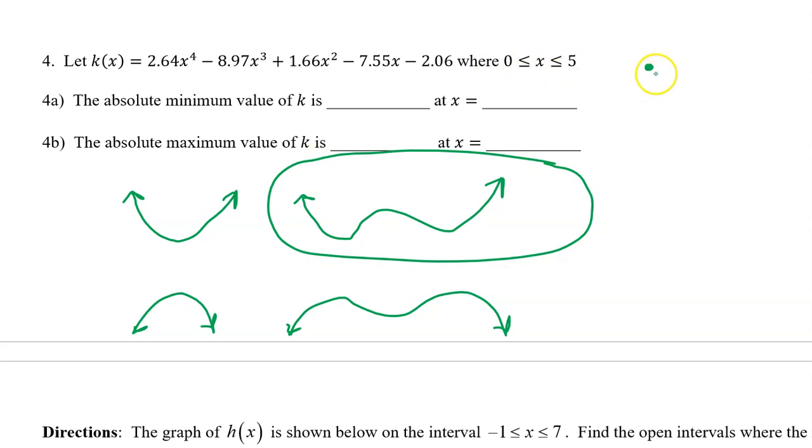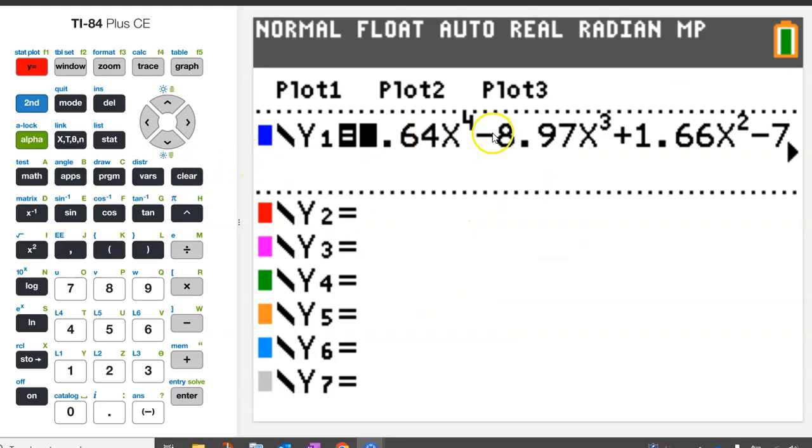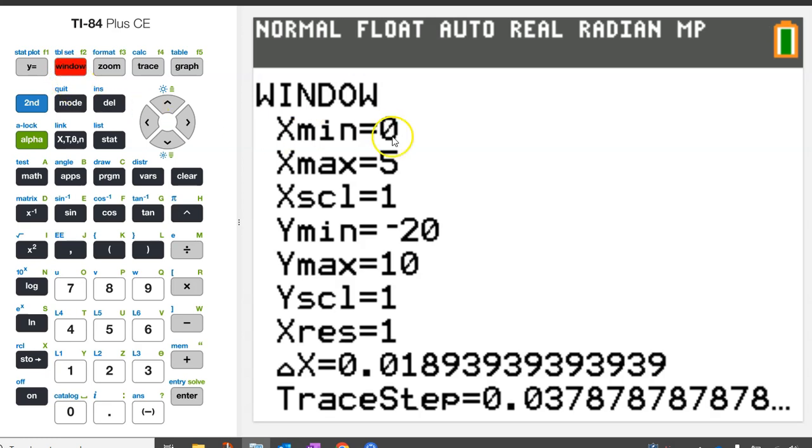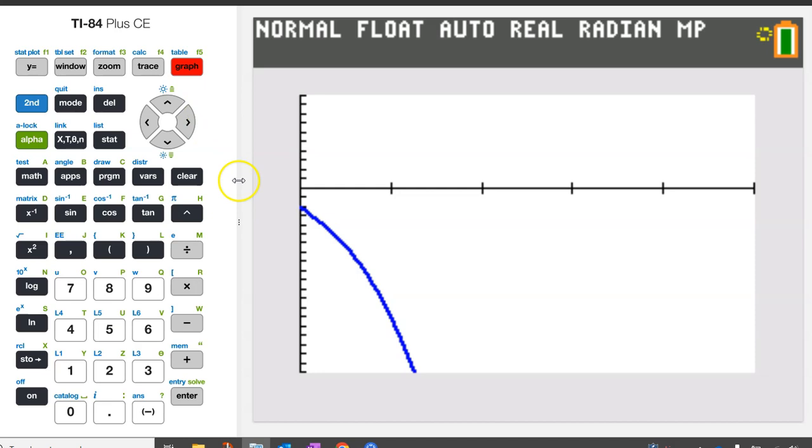Because of the closed interval, I'm going to go ahead and model it like this. I've got it all typed in, and my window is set from 0 to 5. So let's take a look. Okay, I feel like I need to see more than this.